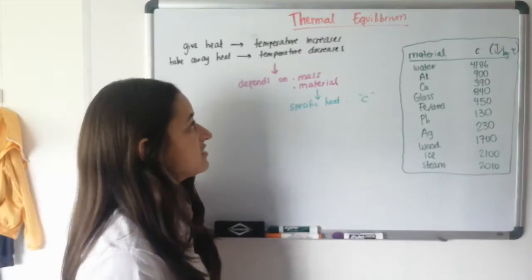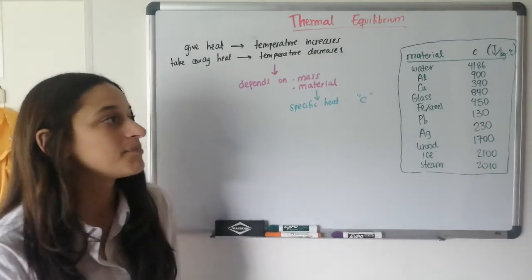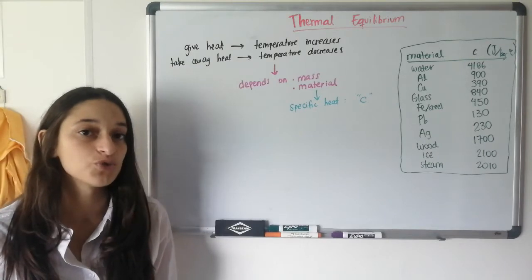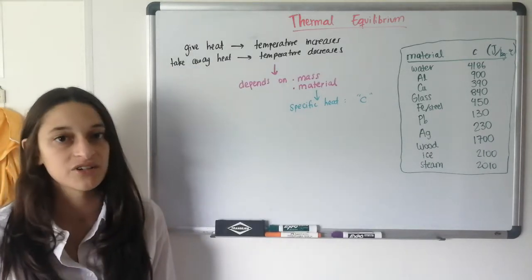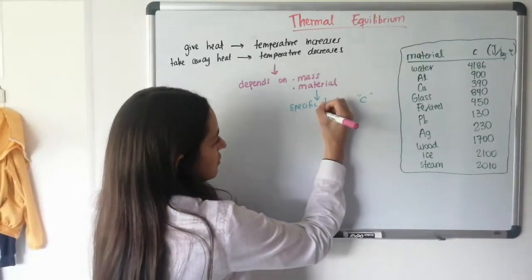Well, the specific heat is actually the amount of energy you need to raise 1 kilogram of each of those substances by 1 degree. So I'll write that definition here.